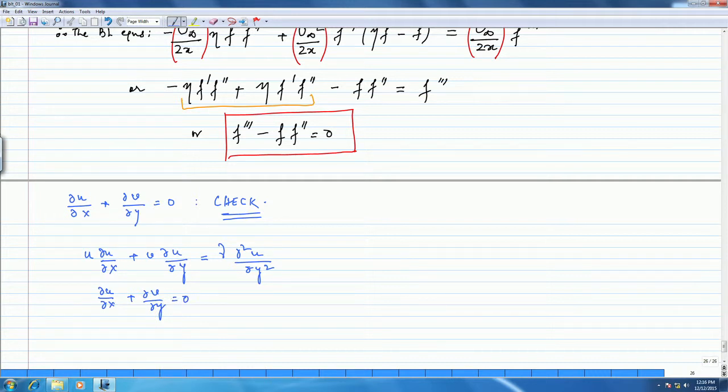This is my equation, and I use the similarity variable eta, and then I come up with f with this, right.